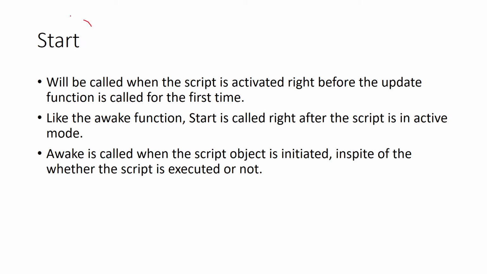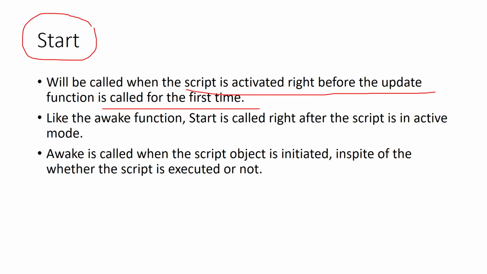Okay, how about Start? It will be called when the script is activated, right before the Update function is called for the first time. Like the Awake function, Start is called right after the script is in active mode. So what is the difference between Awake and Start? Awake is called when the script is initialized, it doesn't matter whether the script is enabled or not. So it's just the initialization.